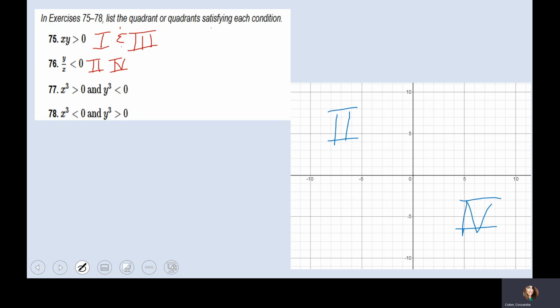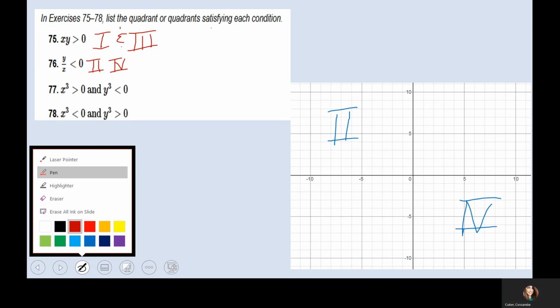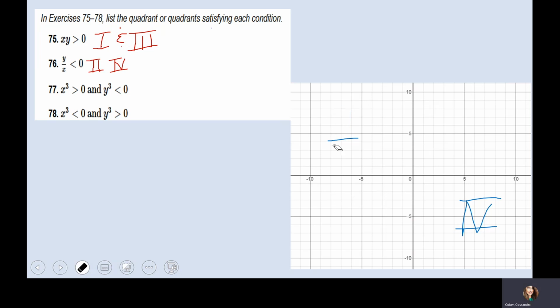If you take x cubed greater than 0 and y cubed less than 0, so x cubed being greater than 0, let's think about that. It's saying that we take any number x, raise it to the 3rd power, and we're going to get a positive value.